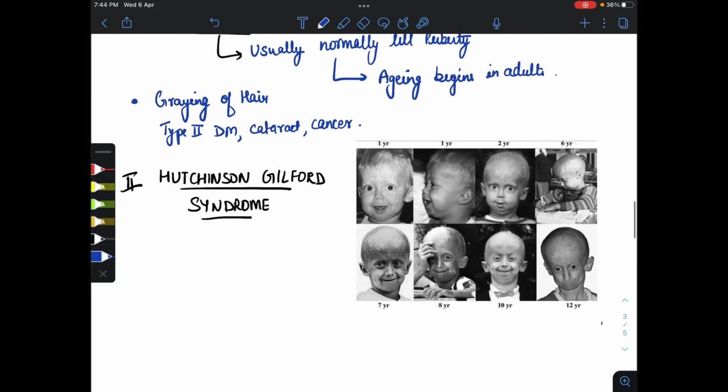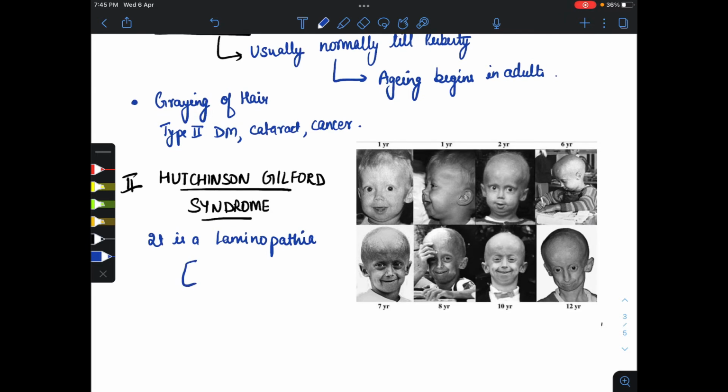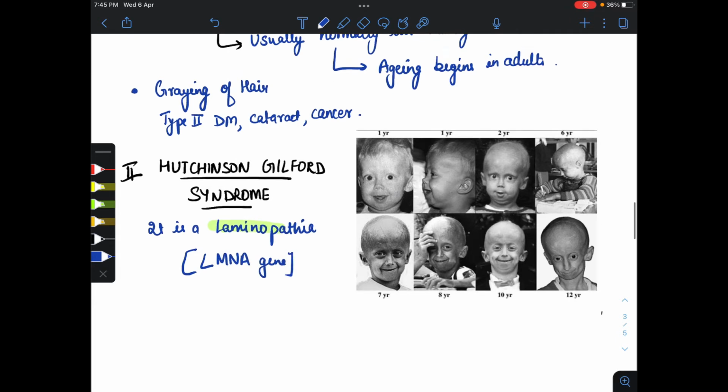In this it is a laminopathy, and the gene involved here is the LMNA gene, or we can say the lamin gene.